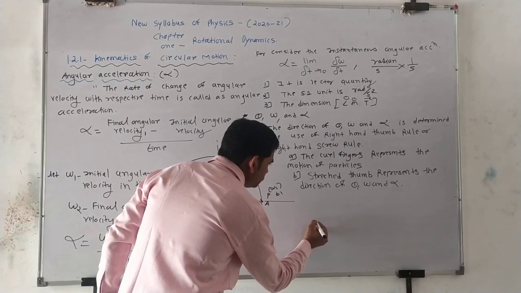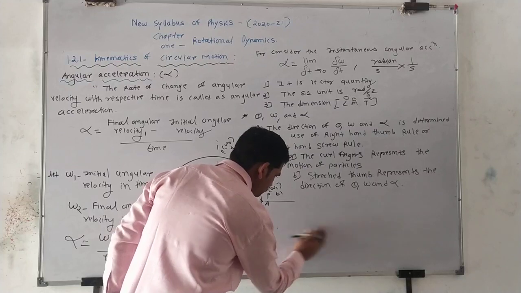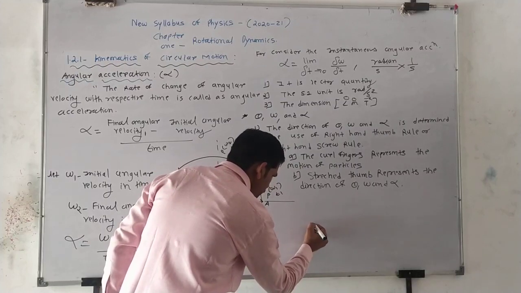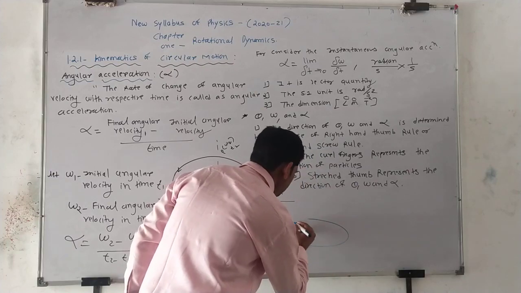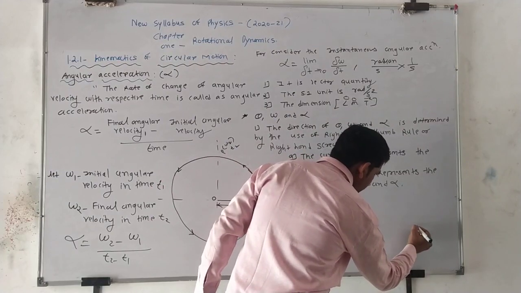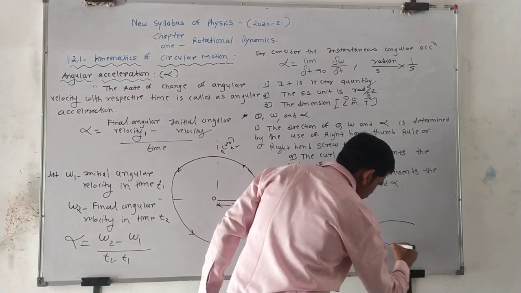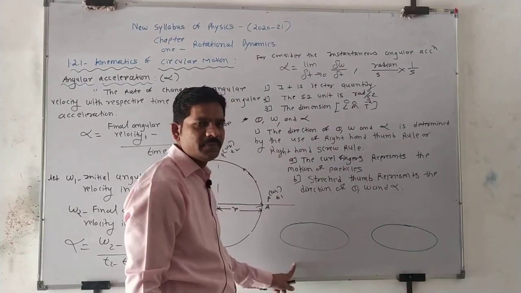Suppose the particle is in this way. I draw these figures like that. Here I draw another figure. This is in elliptical shape.